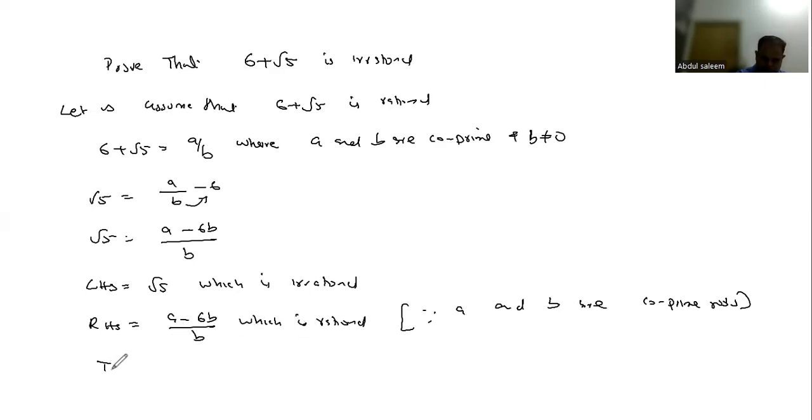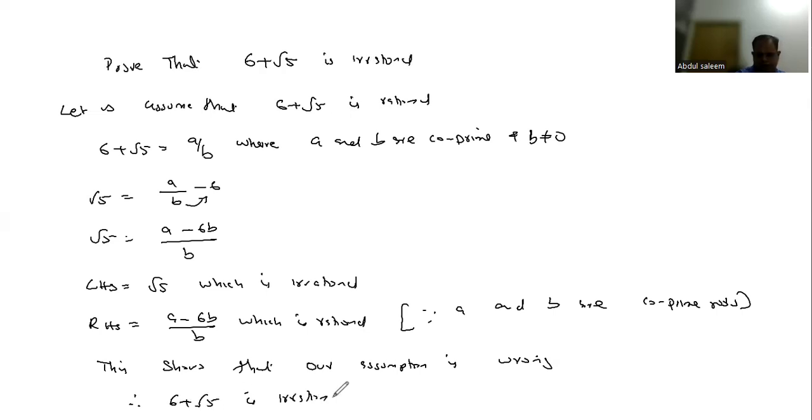This shows that our assumption is wrong. What is our assumption? We assume that 6 plus root 5 is rational. That is wrong. Therefore, 6 plus root 5 is irrational. Okay.